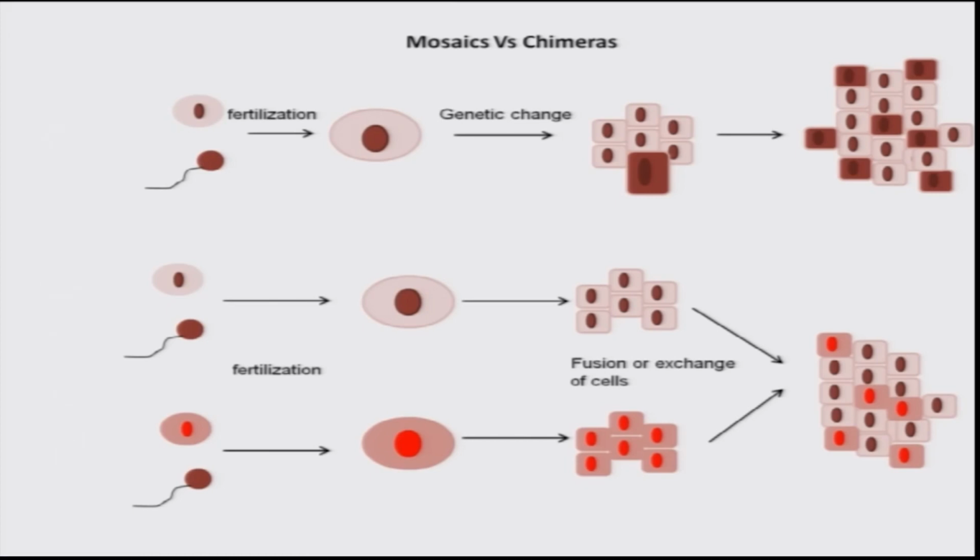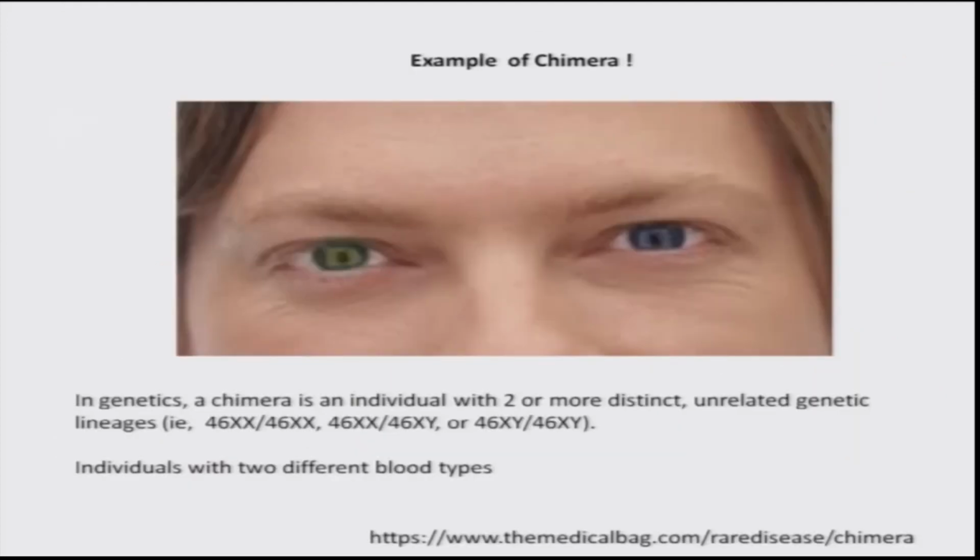Or there could be conditions wherein, during development, you have two independent embryos resulting from two independent sets of sperm and ovum, and when they develop together, they may fuse to form what is called a chimera. They have a mixture of two different individuals, so to say, but eventually develop as a single individual. When that happens, you could have variation within a body, for example a difference in eye color.